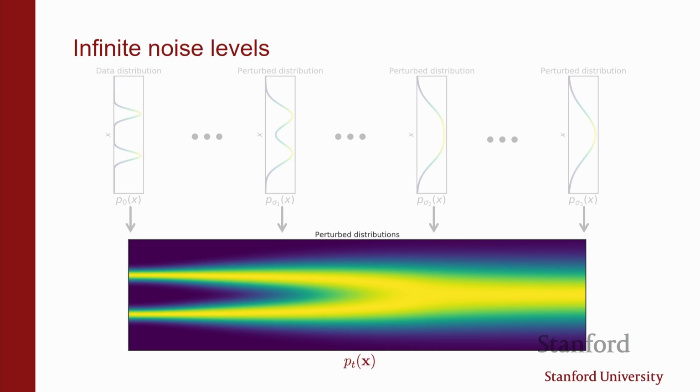As usual, on the left-hand side, we have the clean data distribution, which is a mixture of two Gaussians, where there are two spots where most of the probability mass is. And then there is this continuous time diffusion process happening here that is spreading out the probability mass over time until at the end, on the right-hand side, you get this pure noise distribution.